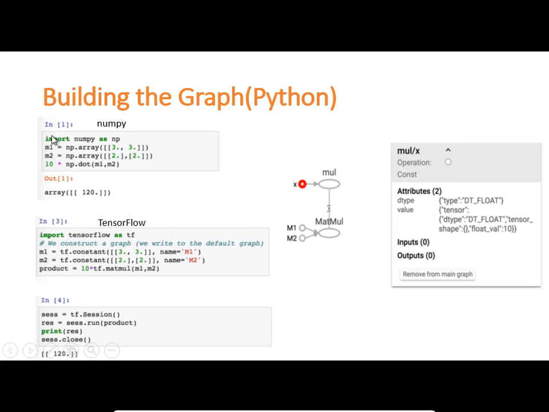In NumPy, we first import the NumPy module, and M1, M2 are two variables that we define and initialize. The first one is a row vector, and the second one is a column vector, and we multiply them with the constant 10, and we get the output, a scalar 120.